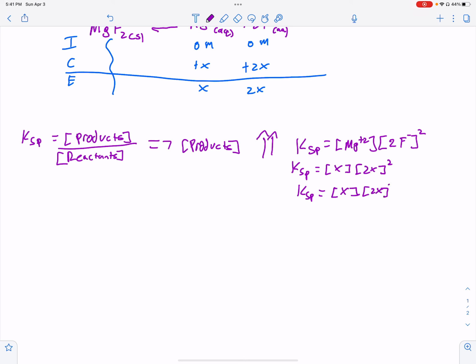So if I simplify the expression above, I get 4x cubed. So 2 squared is 4, so that's where the 4 is coming from. The x cubed is coming from the fact that when I square this term right here, I'll get 2x squared, multiply that times another x, and you get x cubed, okay? So that's just a little bit about the math.